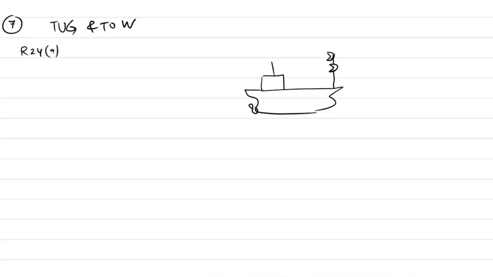And of course, sidelights will be here. The red light you can't see, and the stern light you also will not see, but I'm showing it for the sake of illustration. And there is a towing light. You know what a towing light is? Sir, the yellow all round light above the stern light. Yes.